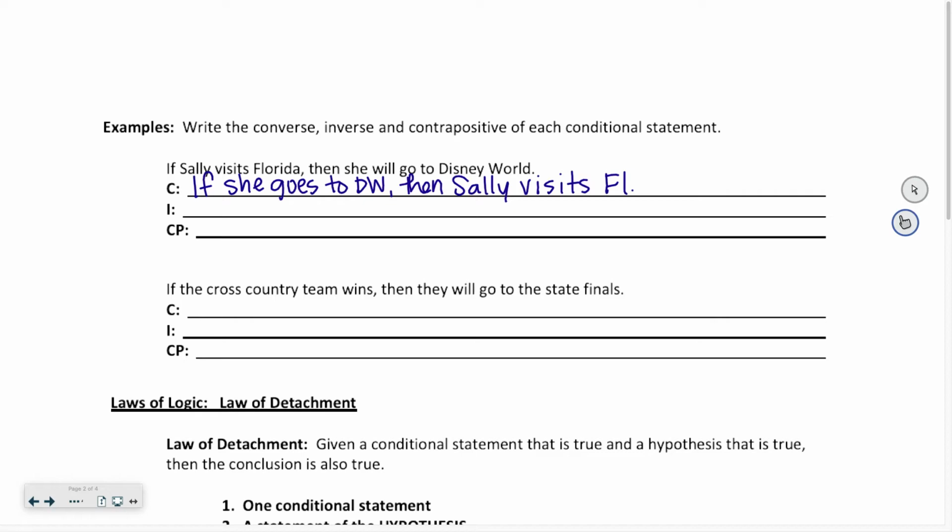Inverse, we take the original and do what? Just put not. If Sally does not visit Florida, then she will not go to Disney World.